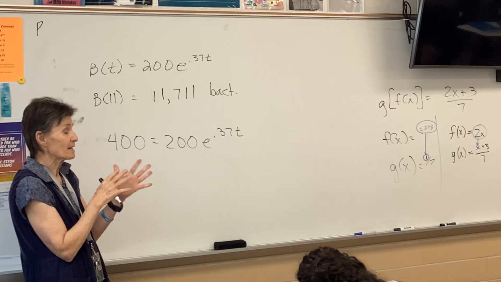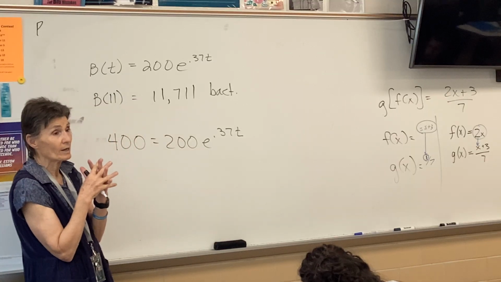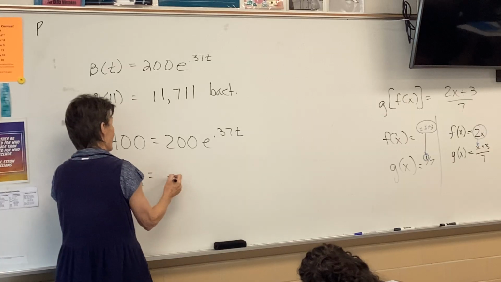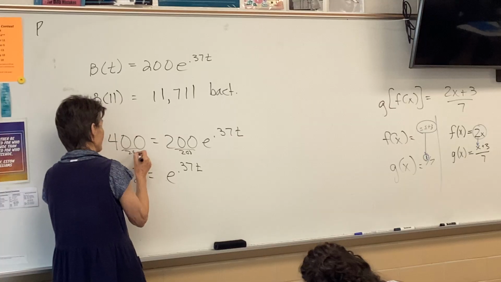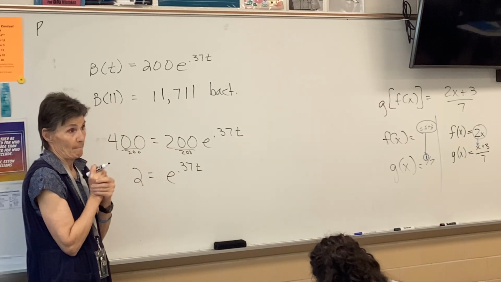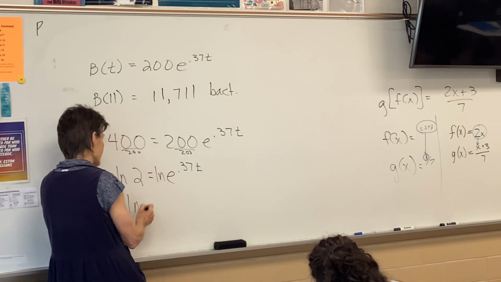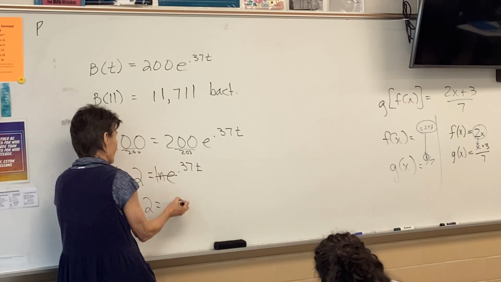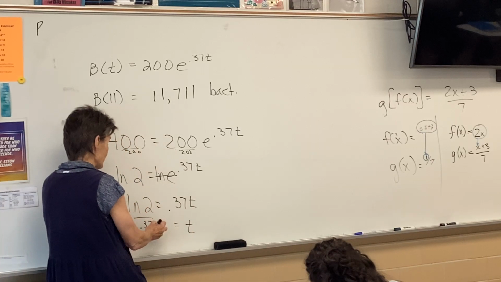Now, I'm going to solve this algebraically. I could certainly do it graphically, but I'm going to do it algebraically. What do I do first? Divide by 200. And that'll be nice, because of course that's just going to be 2. Now what? ln both sides, because that will cancel. And then we will simply divide by 0.37.